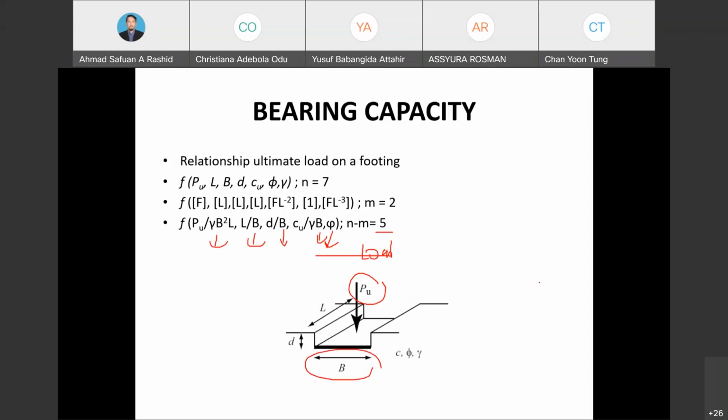If you want to look at D, you can have a lot of D in your equation. Or if you want to look at C, you need to have a lot of C.